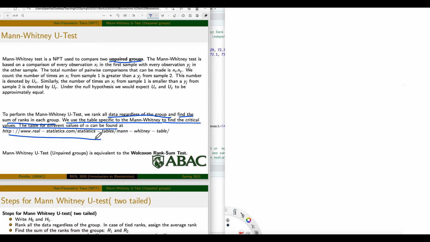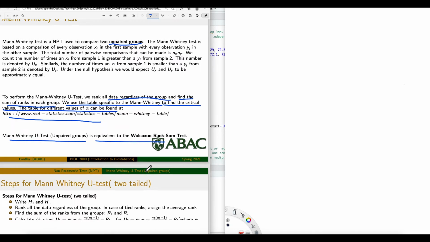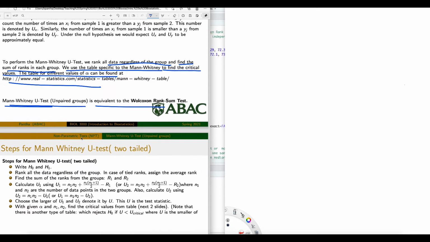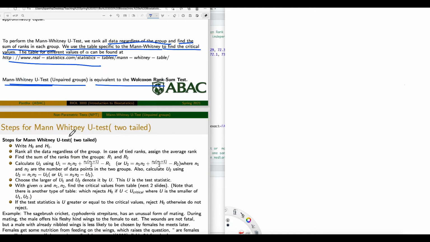That website has all the critical values for different sample sizes of the two groups and for different alpha values. This Mann-Whitney U test for unpaired groups is equivalent to the Wilcoxon rank sum test, because the Wilcoxon rank sum test is also used to compare unpaired samples.